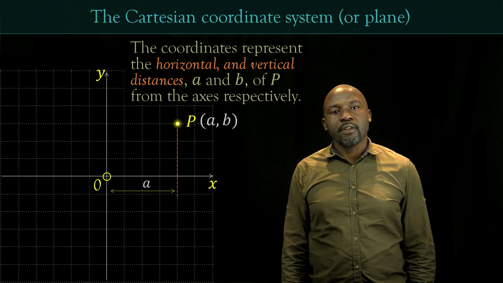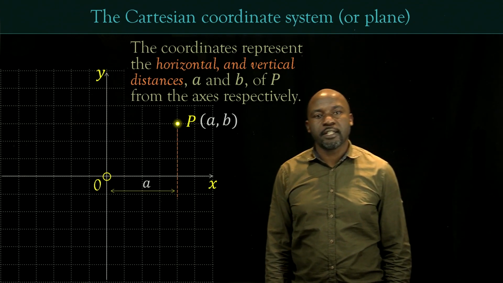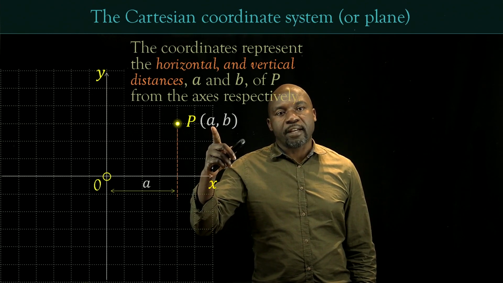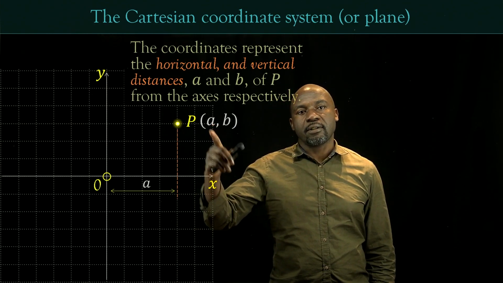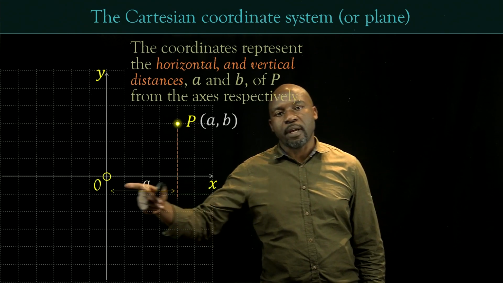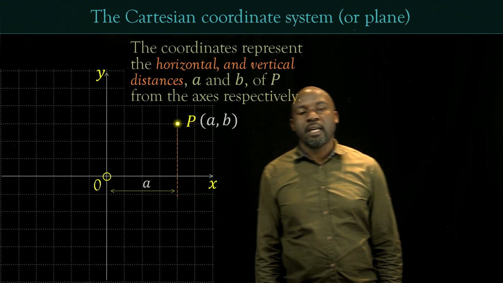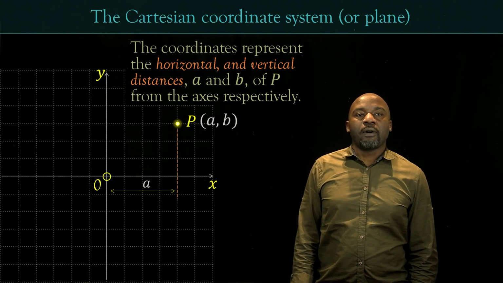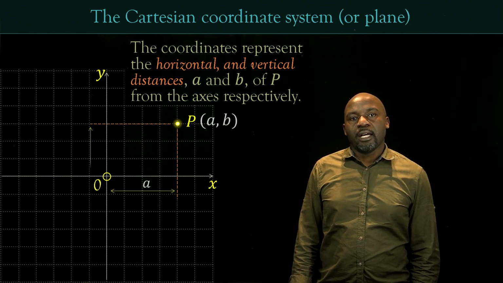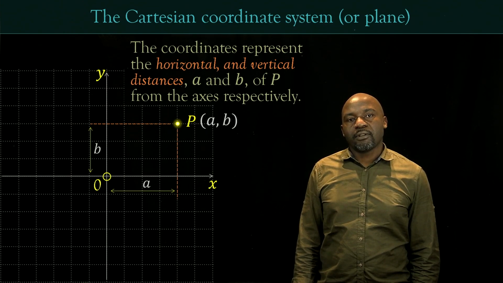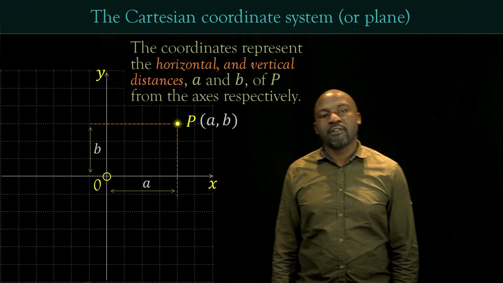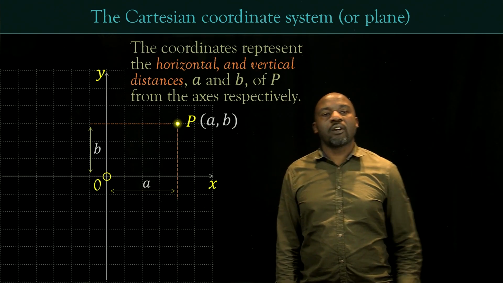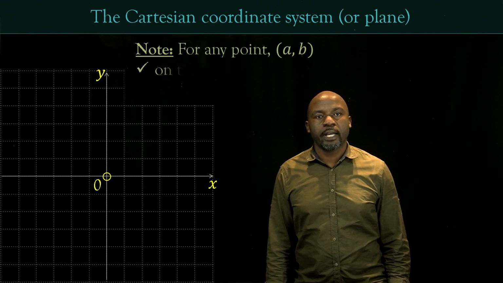So that distance there is what represents A. The value, called the x-coordinate, is the distance of point P from the origin. So that whole distance there is represented by letter A, or x of P, all right? And similarly, the distance B there is the vertical distance or the vertical height of point P from the origin, okay? So that is how we represent the coordinates of a point, okay?